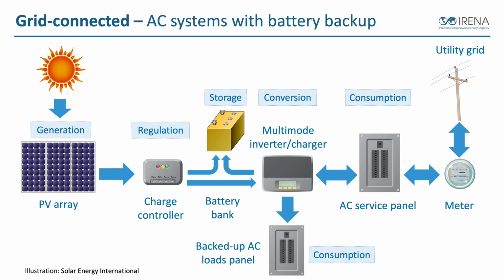People usually want some sort of refrigeration, so we'll put a refrigerator on there, and possibly water pumping if we had a water pump system. A lot of times people also want to back up some sort of communication so they can know what's going on in the world during a power outage. That might be things like radios, cell phone charging, TV, internet, things like that.